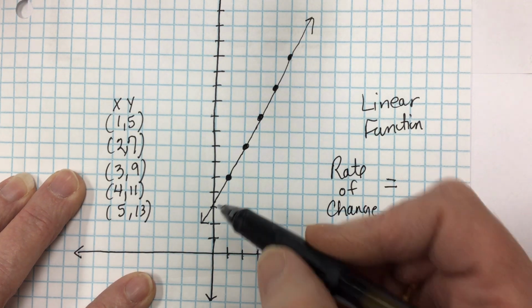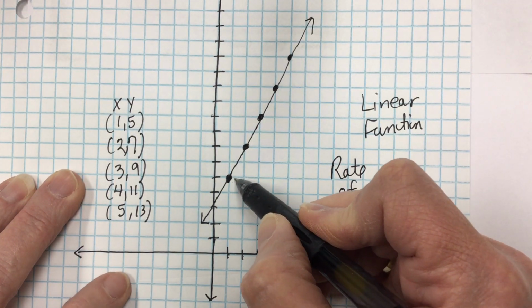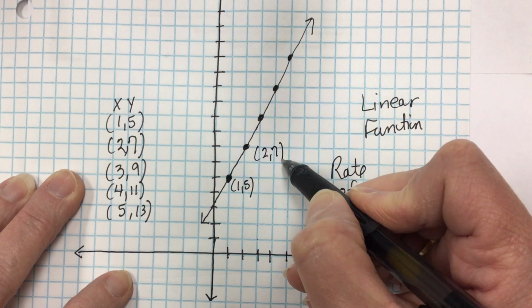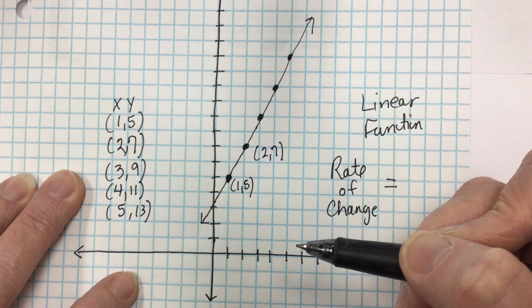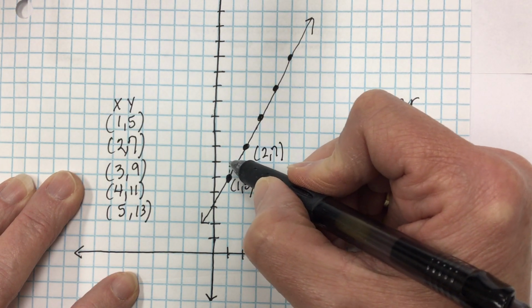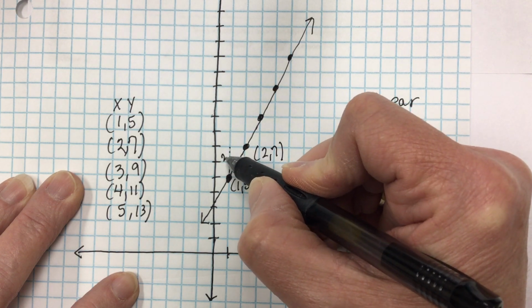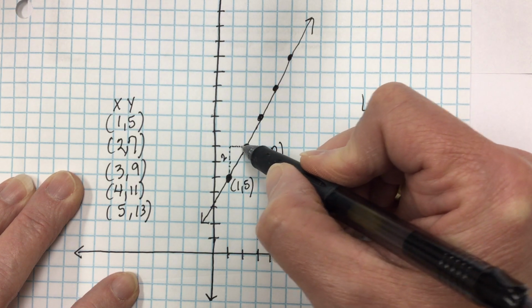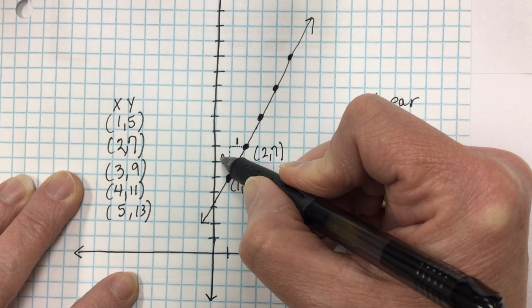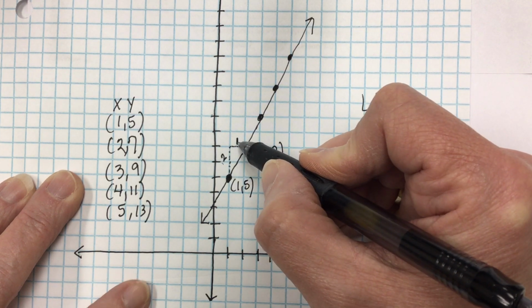So from the point 1, 5 to the point 2, 7, what do we have to rise and what do we have to run? I'll be rising 2, and I have to run 1. Rising is positive 2, running to the right is positive 1.